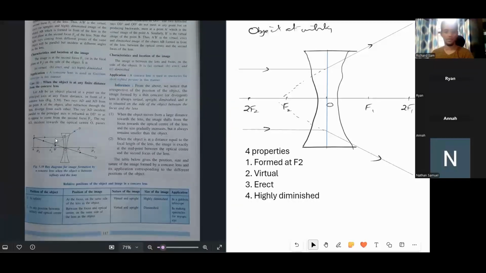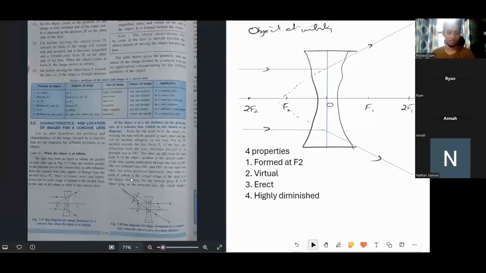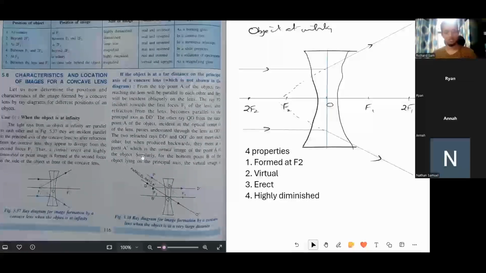Yes. Now you can draw. Nathan, if you have to leave, you leave. If you don't, then you draw this diagram. Done?